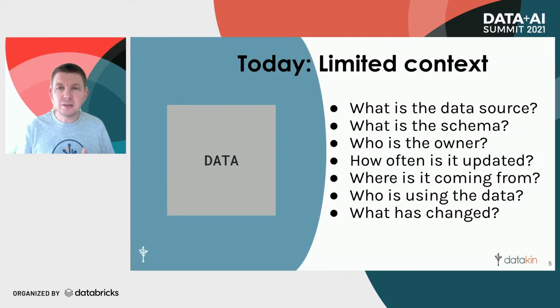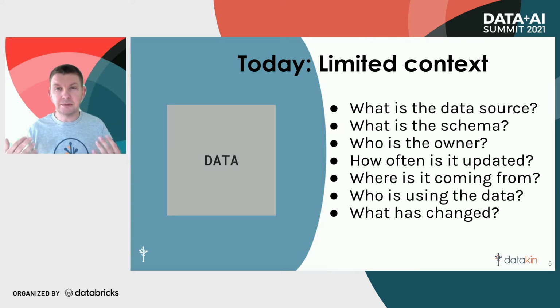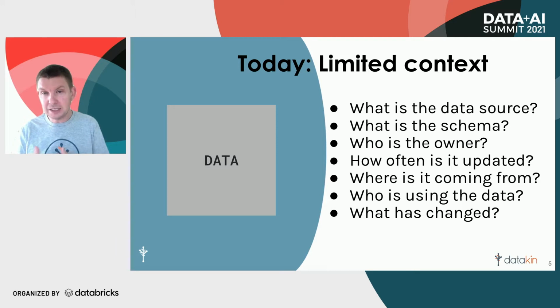And these come from a limited context around data, right? Often you consume data or you produce data, but when you consume, you don't know where it's coming from. You don't know what its schema is supposed to be. You may not know who the owner is. You don't know how often it's updated. And when you produce data, you don't necessarily know who's using it.